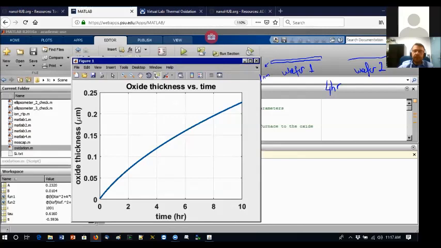I'm going to choose that, and I will come down to the plot and click on the plot at some point, and then it will bring me the data points. I will go with the arrows on my keyboard to find 4 hours, because that's where I would like to go to.